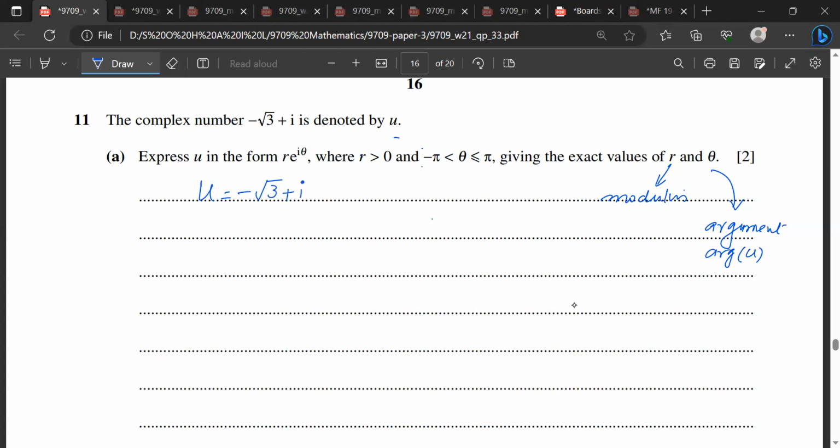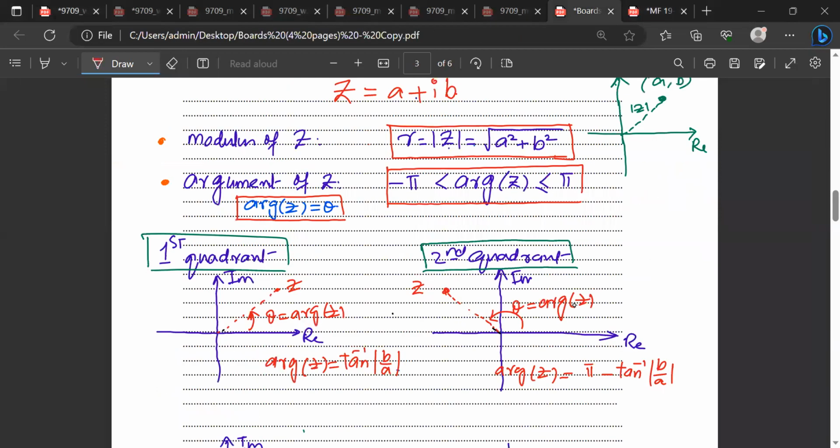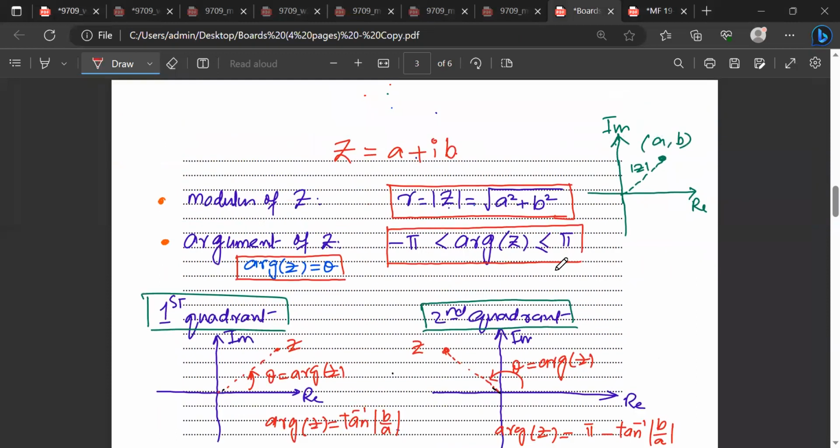So for the modulus and argument, I can show you these notes. These are the notes on complex numbers, the basic concept of modulus and the argument.